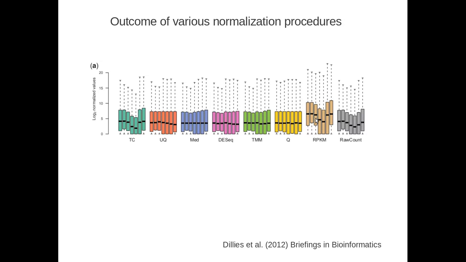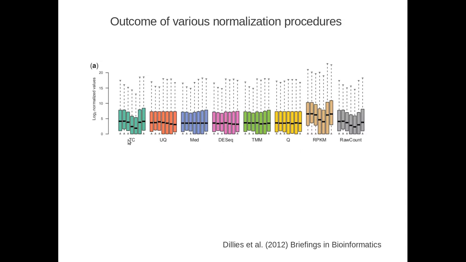The distributions of read counts are very different. And for reasons I've already mentioned, you can't take data like this and try to make biological inferences, because you end up with a lot of artifacts due to library size problems, gene length problems in the raw counts, etc. Okay, so we have to normalize, and here after normalization, these are a number of the different normalization strategies that people have applied.